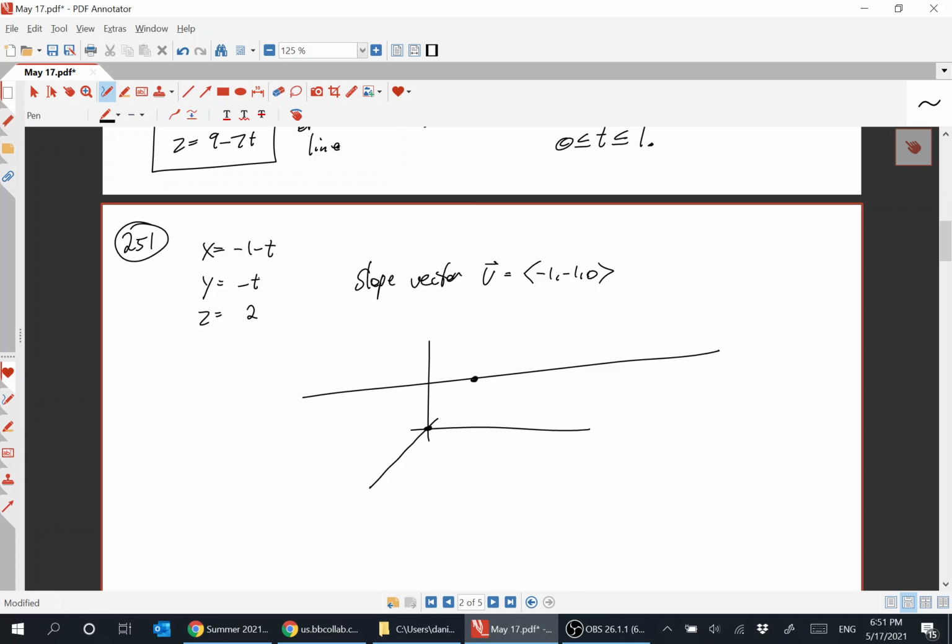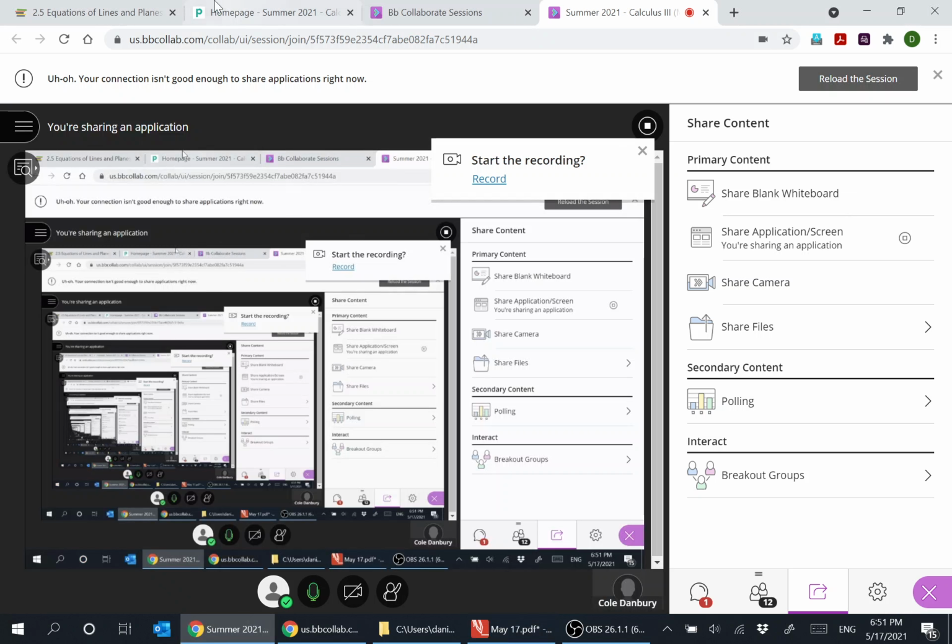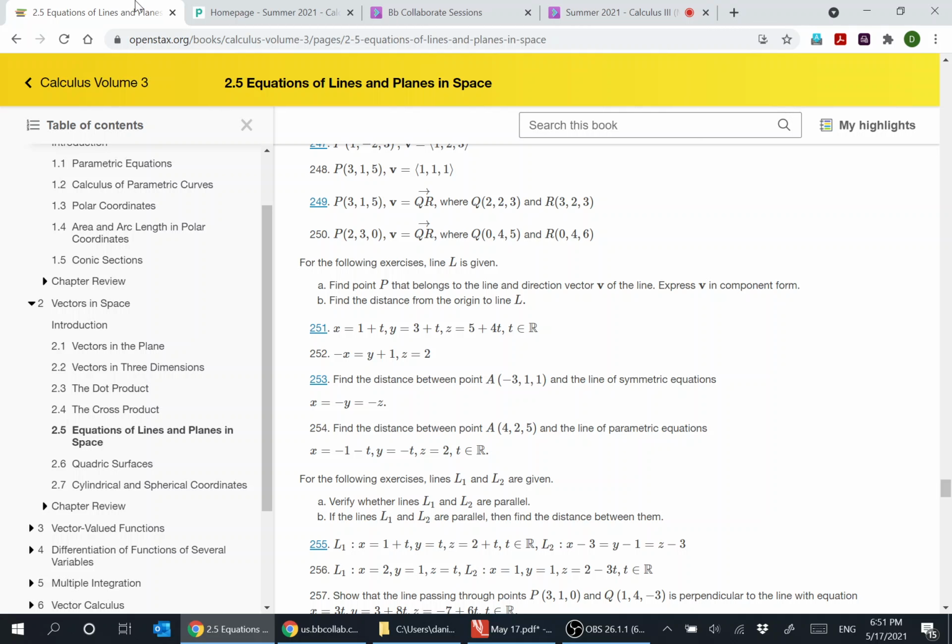So we need 1 point on the line to get started. Somebody pick a point here. Give me 1 point on that line. Oh wait, do I have the right equations? What number was this? 251. I thought they give you a point. Yeah, I got the wrong equations here.